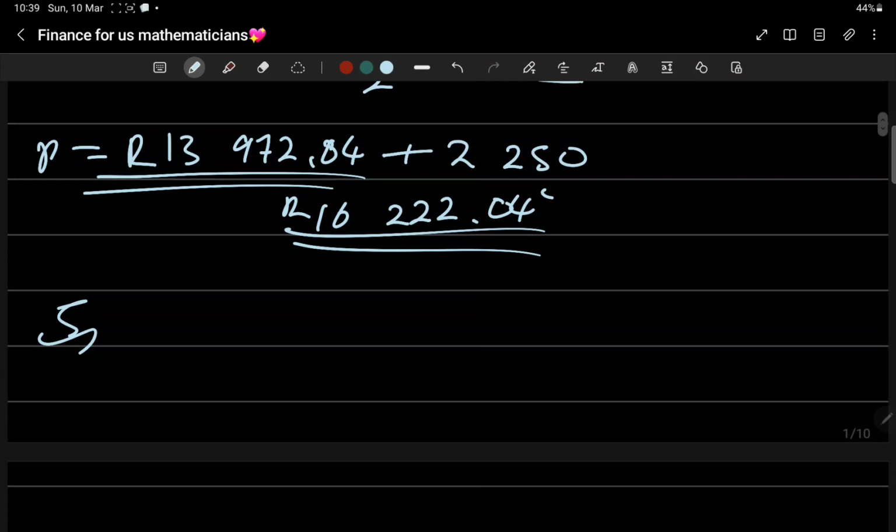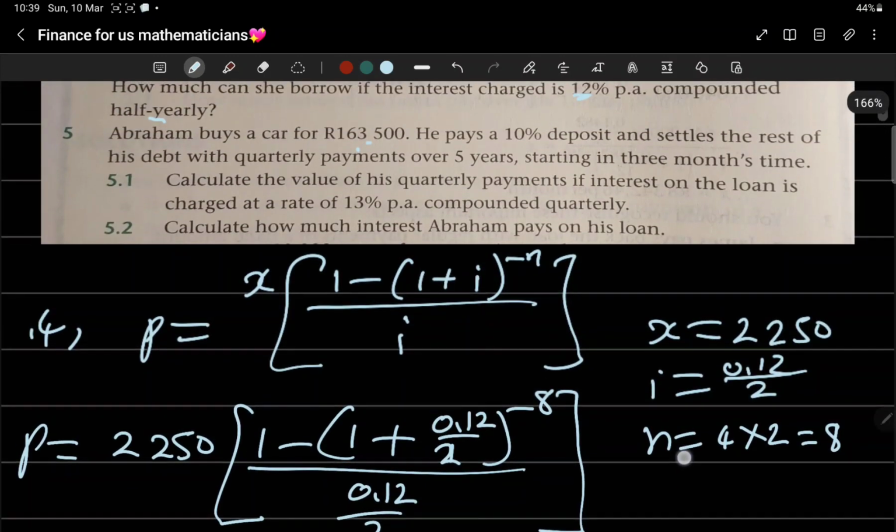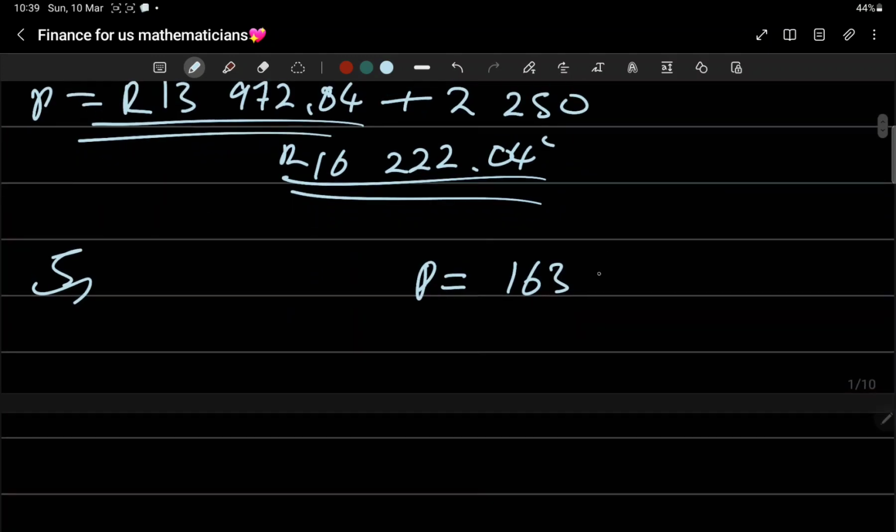Let's try it. So how much is the loan? That loan is P. 163,500 multiplied by 10%, and we're going to subtract this value.